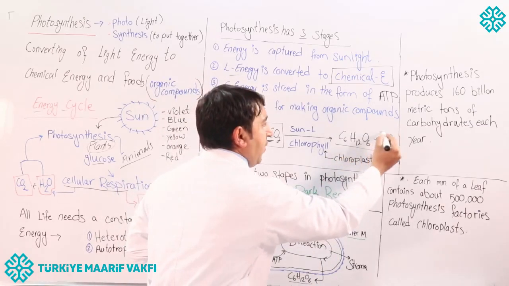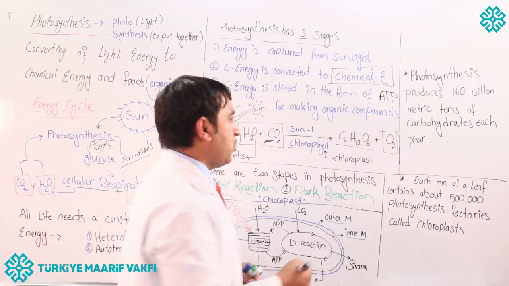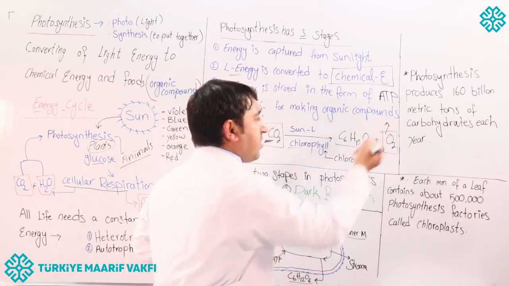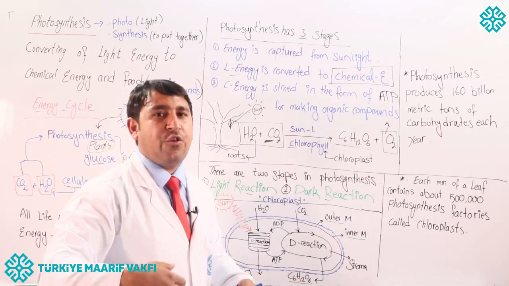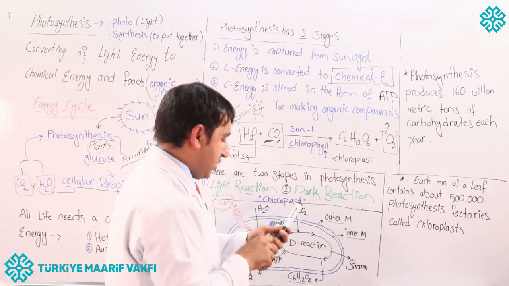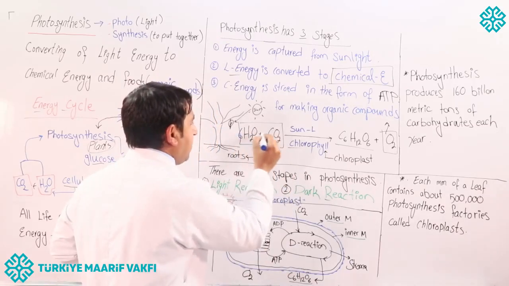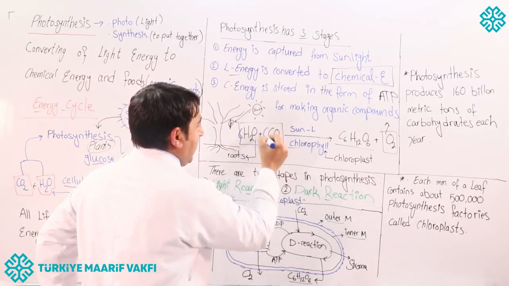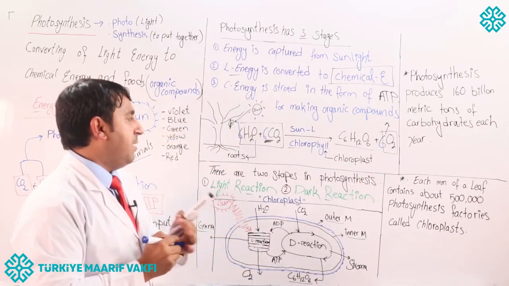And we have another product of photosynthesis, that is oxygen. This oxygen is very necessary for living organisms, for their life activities, so it is produced by photosynthesis. If we want to balance this reaction, we can write a coefficient 6 in front of these compounds.